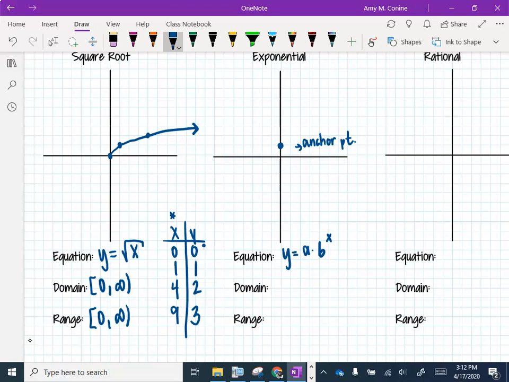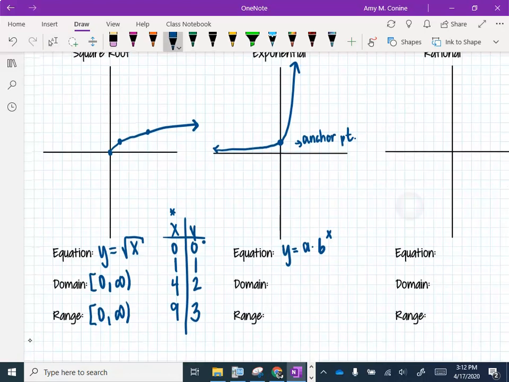It's the only point that's consistent in every single exponential function. So when you have the parent function, it's going to go through that, but also any other exponential function you have will also be there, because x is 0, which turns any base into 1. So depending on what a is, it could change, but that's your standard.